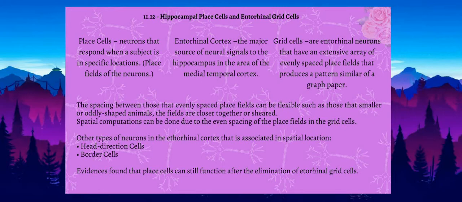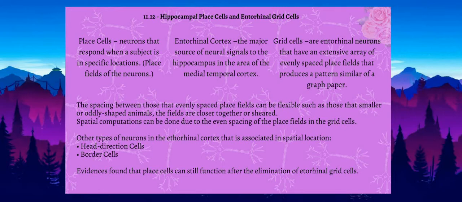The entorhinal cortex is the major source of neural signals to the hippocampus, in the area of the medial temporal cortex. It was also in line with the research on hippocampal place cells. The discovery of how hippocampal place cells acquired their spatial information came from the discovery of grid cells. These are entorhinal neurons that have an extensive array of evenly spaced place fields that produces a pattern similar to graph paper.